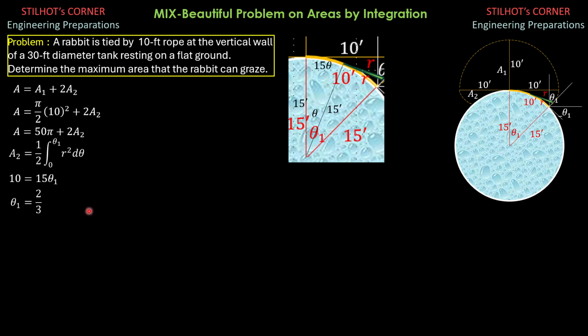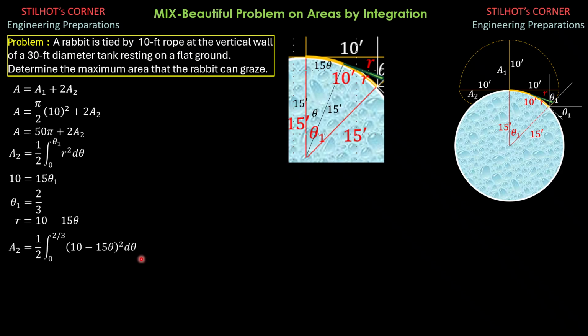So r again is 10 minus 15 times theta, as already explained. Substituting into this equation, area 2 is 1/2 integral from 0 to 2/3 radians of the quantity (10 minus 15 theta) squared d theta.